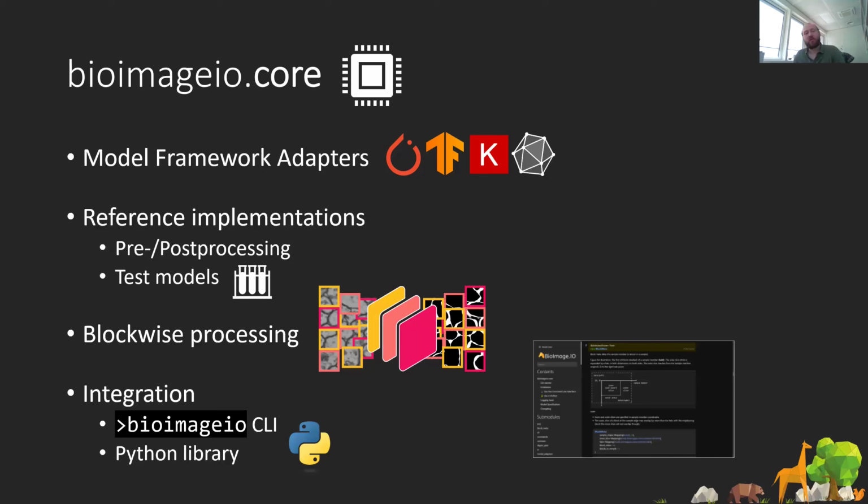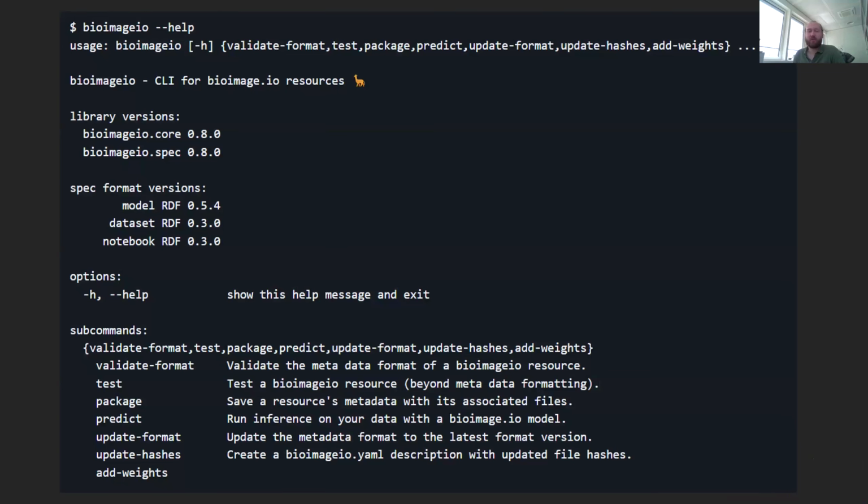It has some additional cool utilities like blockwise processing, so you can process larger-than-memory files. These capabilities are provided, as I said, as a Python library, but also as a command line interface. It looks roughly like this. I'll just show you the help message here. If you install bioimageio.core as a Python package, either with pip or conda, you have this command line interface at your disposal with a variety of subcommands.